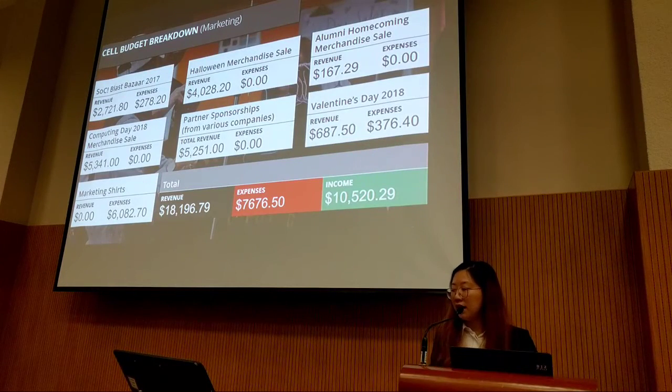Overall, the total expenses for marketing were $7,676.50, and we made a revenue of $18,196. So our total income for marketing is $10,520.